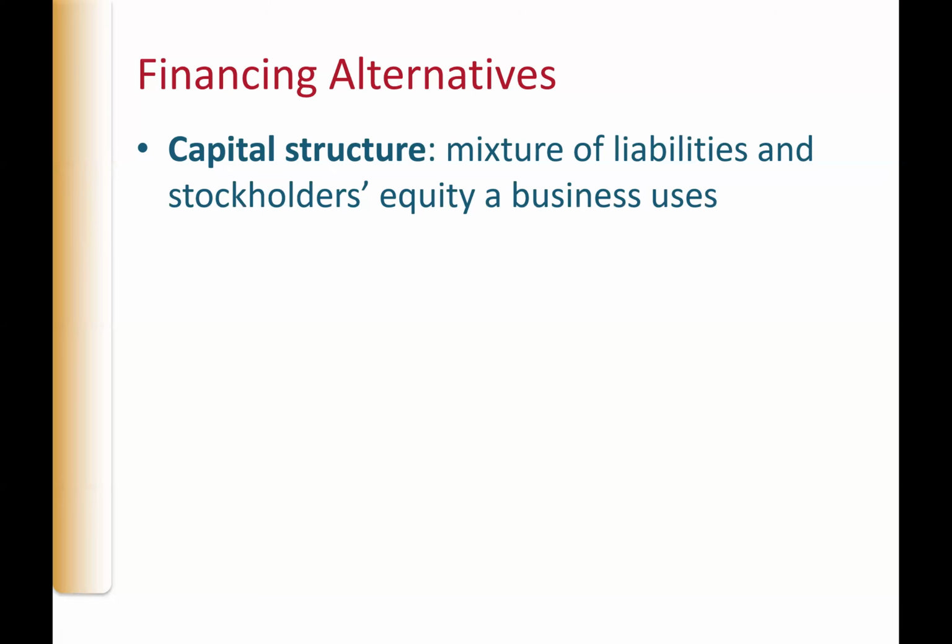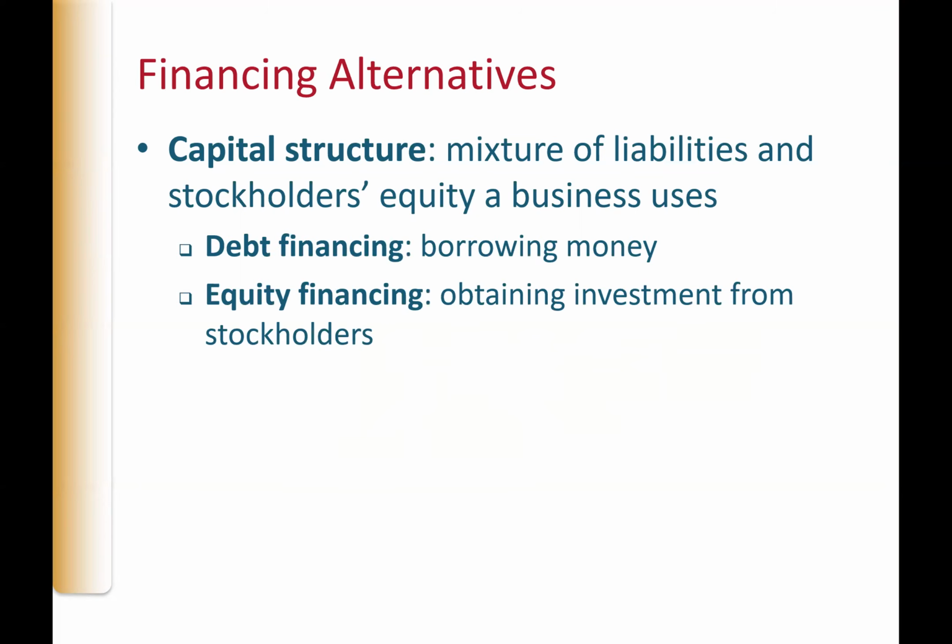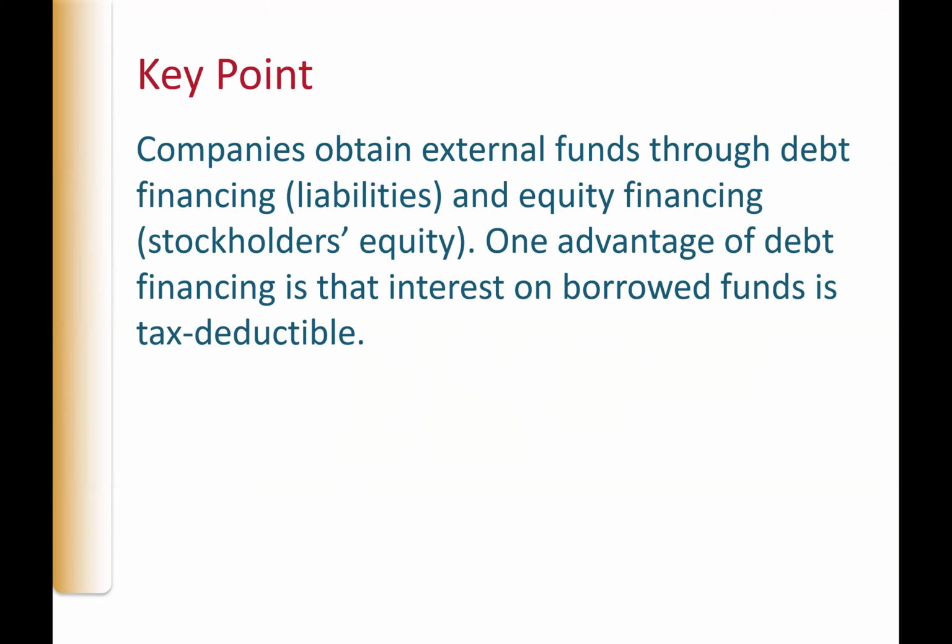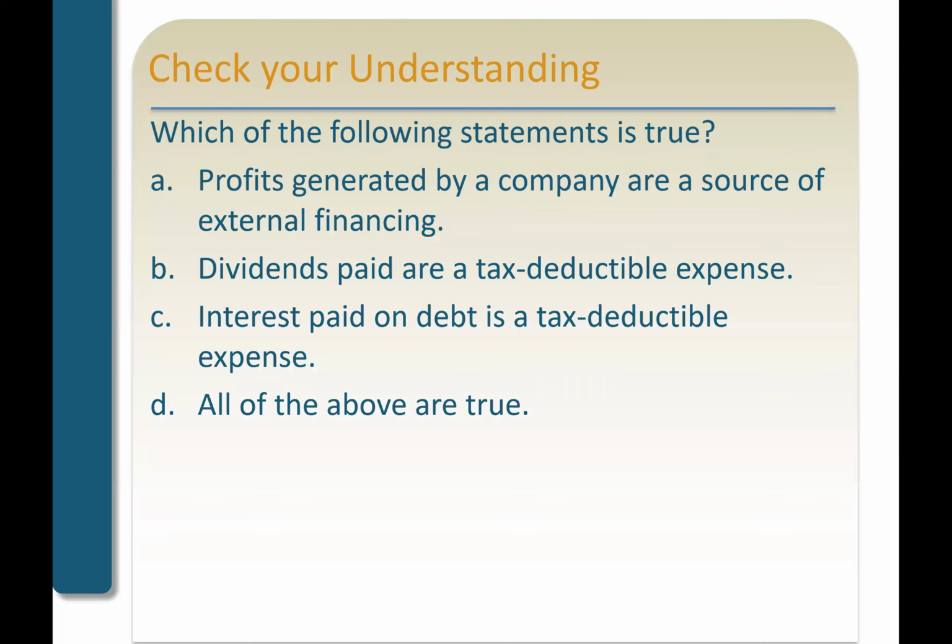And the benefit of loans or liabilities is that the interest is deductible. That is a huge benefit with loans, that you can write off the interest from the borrowing.